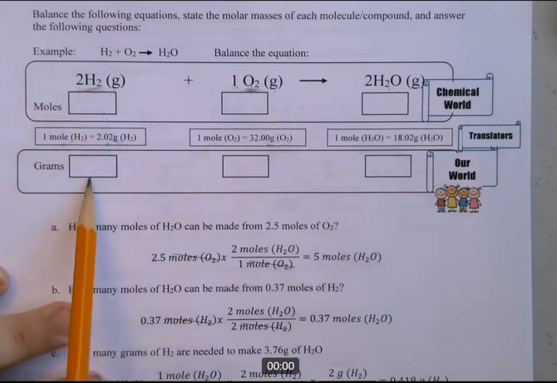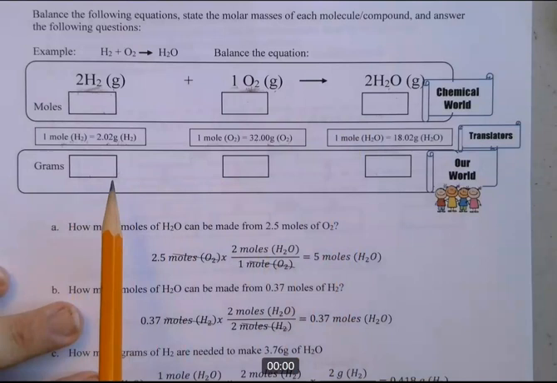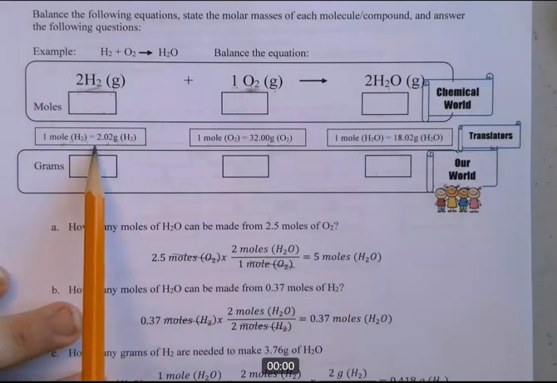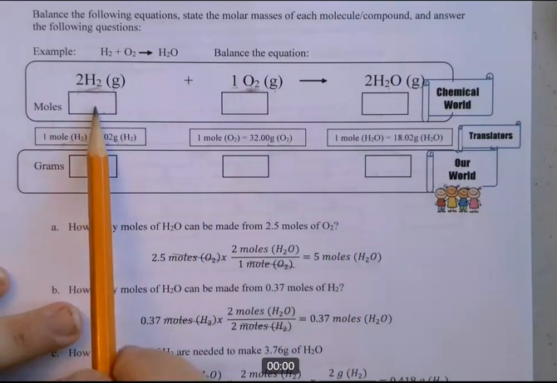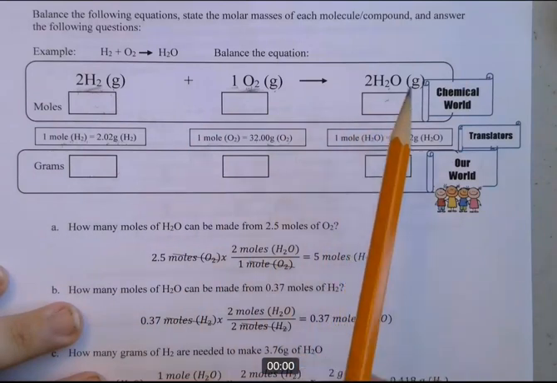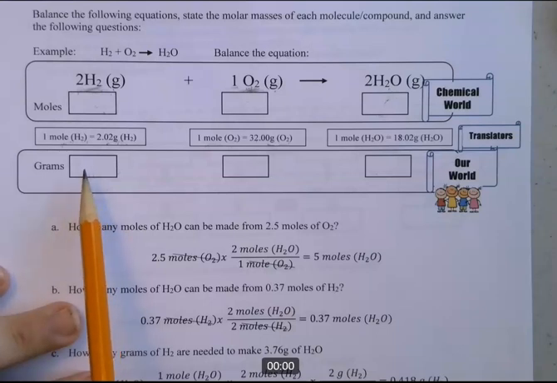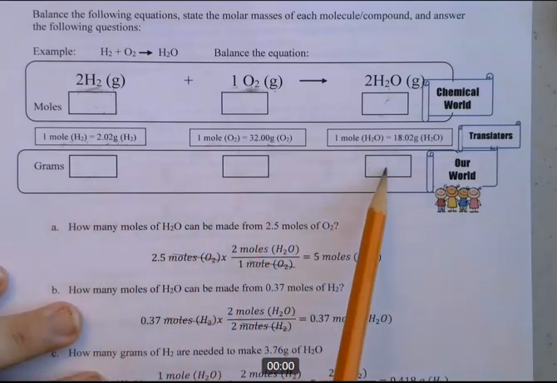Let's say hydrogen, and it asks you how many moles of water you will get from that. Then you need to go from grams through your translator into the equation, and then across the equation, and that'll give you the number of moles of water. Okay? The most complicated one, and it's not that complicated, is what if they give you grams of H2 and they want you to tell them how many grams of water you get.